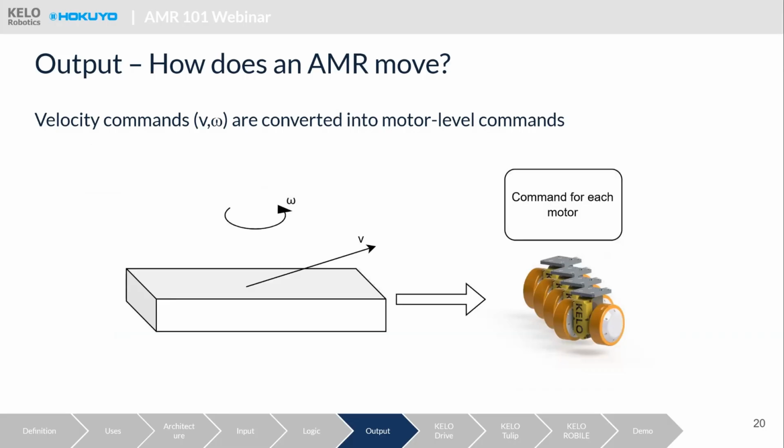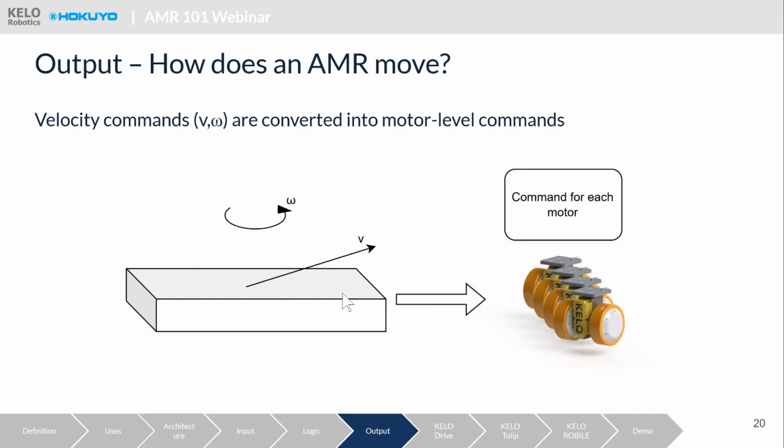As we discussed, decision-making is part of the logic, and instructing the robot in which direction to move can be done in the logic part, but we also need one more part, which we said is the output, which is responsible for executing those commands in the environment.